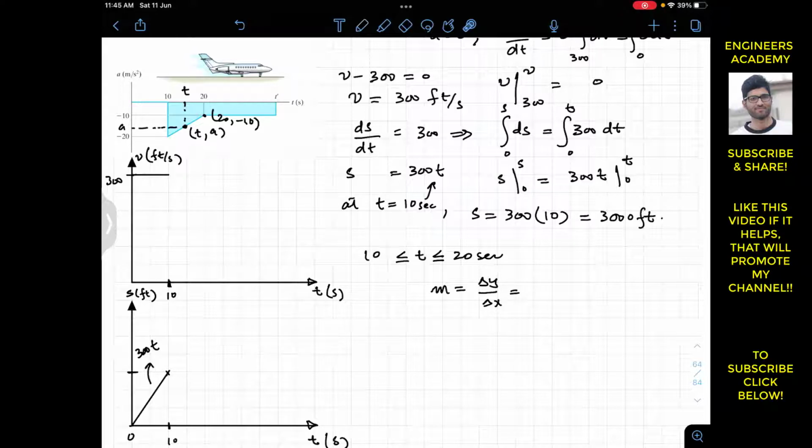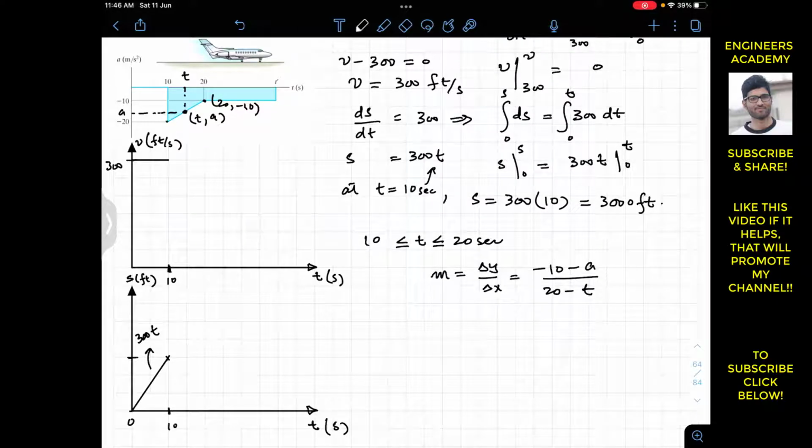The change in y will be minus 10 minus a, divided by the change in x, which will be 20 minus t.